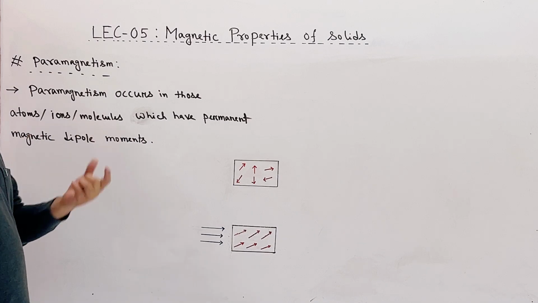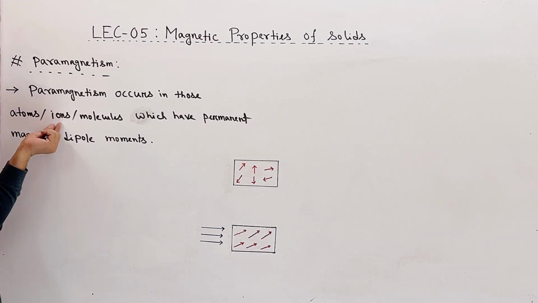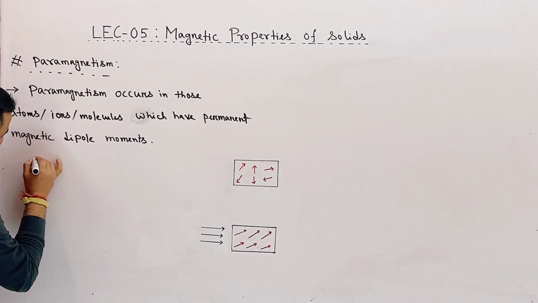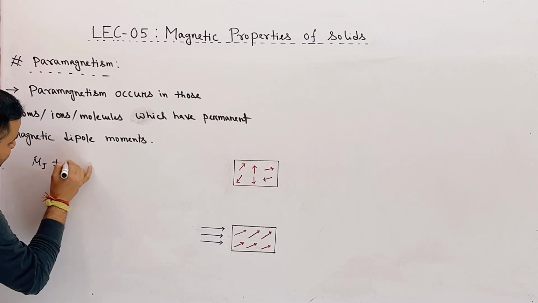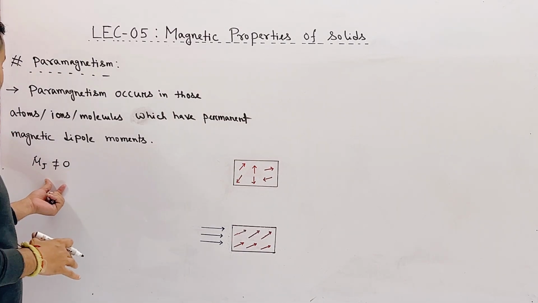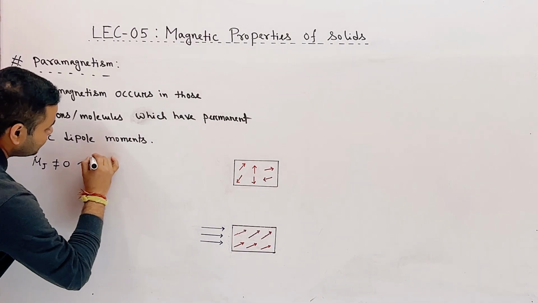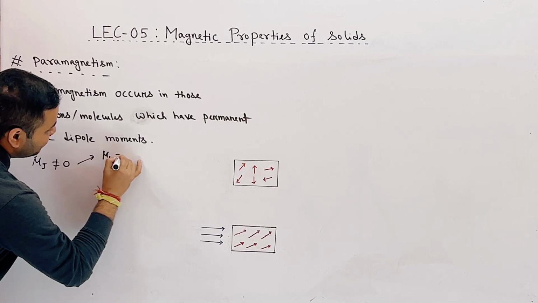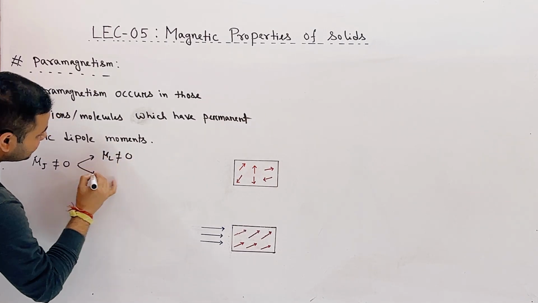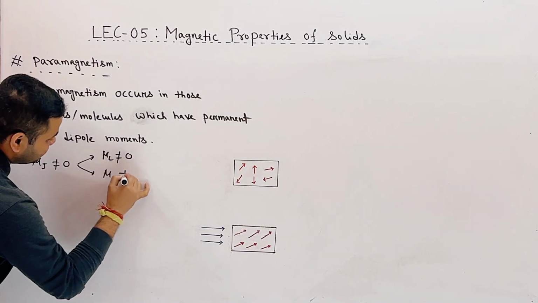That means for this type of atoms, ions or molecules, mu J value is not equal to 0. This will be possible only when either mu L not equal to 0 or mu S not equal to 0.